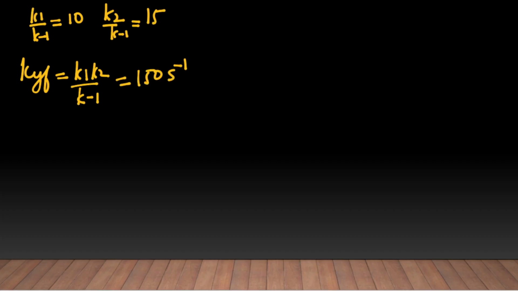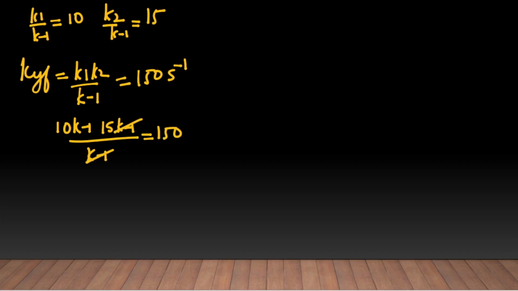So K1 in terms of K inverse is 10 times K inverse, and K2 in terms of K inverse is 15 times K inverse, upon K inverse, equal to 150.